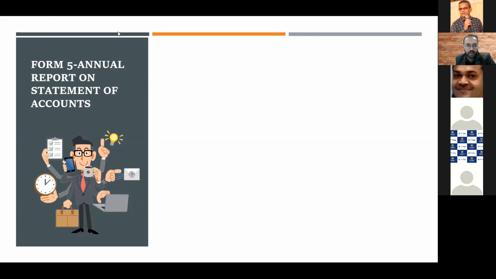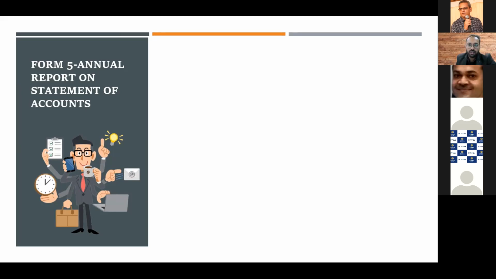Okay. Next is Form 5, annual report on statement of accounts. I have kept the Form 4 at last because it is on the basis of architect completion. So for your annual report on statement of accounts, much debate was there about whether it is a certificate or audit, and it is still not properly cleared by Rera. But here there is a change in the format of Form 5.